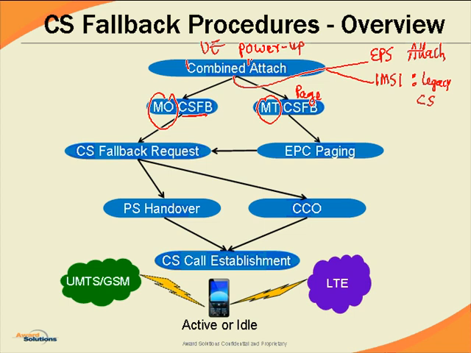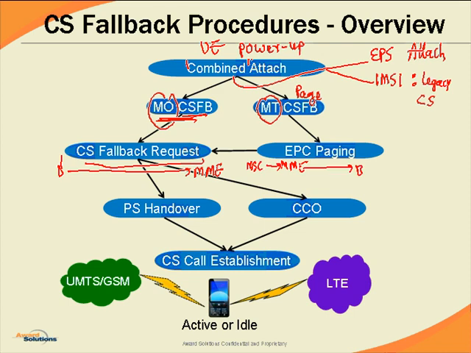So either case, so if it is mobile originated CS fallback, then the UE will make a request to the network that I want to make a call. So that goes to the MME. Or if it is a page message coming from legacy technology, then MME will send a page message. So MSC to the MME and MME to the UE.